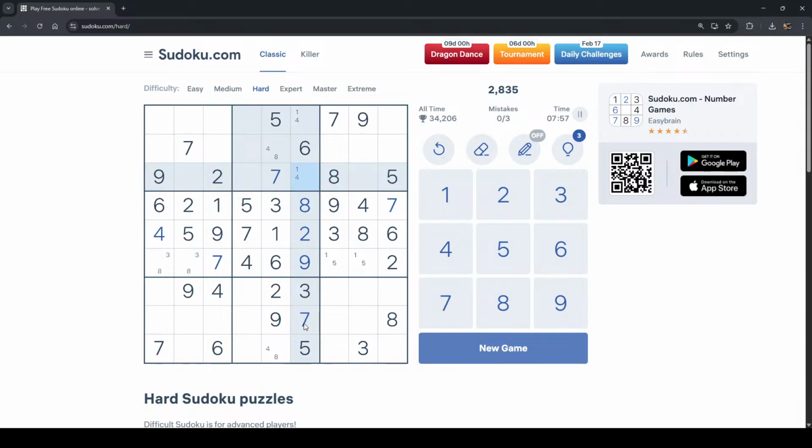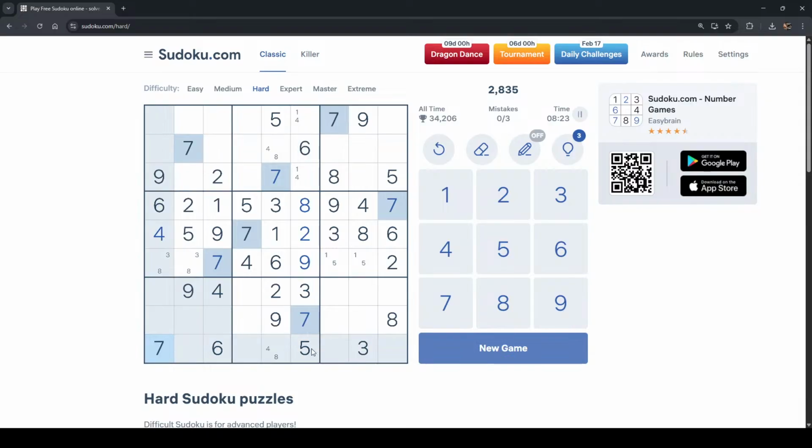Then we see that in the sixth row, we can move on. Maybe let's see the maximum numbers which are there. Like suppose 7, let's try to fill directly. 7 is there in all of the boxes except this one.